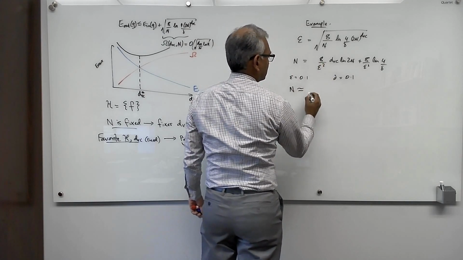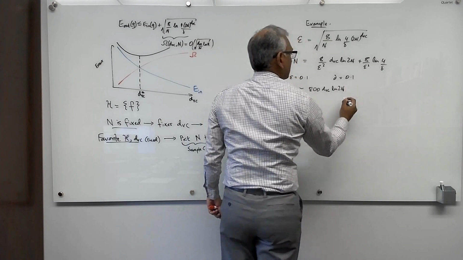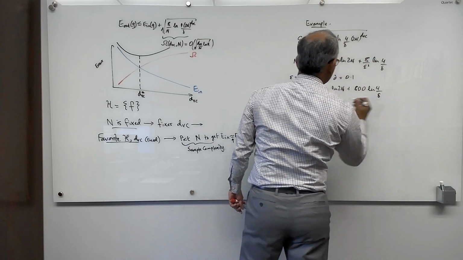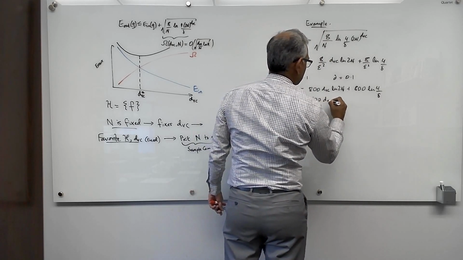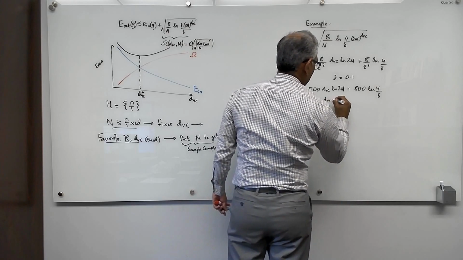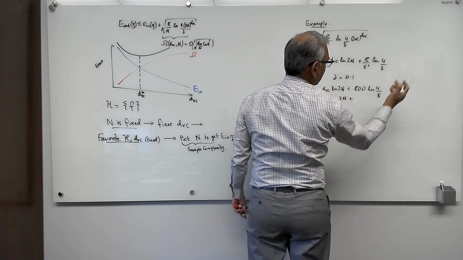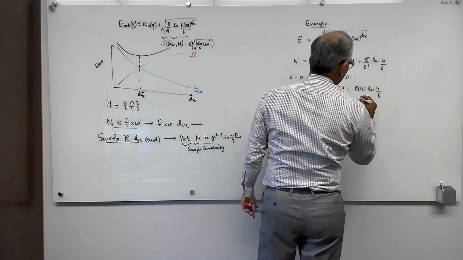So 1 over epsilon squared is 800. So 800 dvc log 2n, plus 800 log 4 over delta, which is approximately 800 dvc log 2n plus 800 log 40. 800 log of 40 is about 4, let's say. So this is about 3,000.